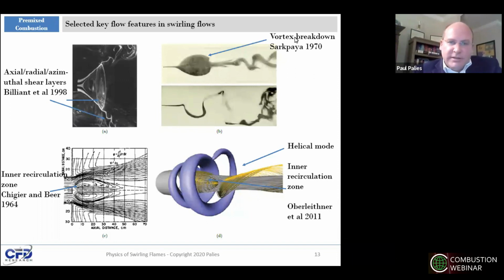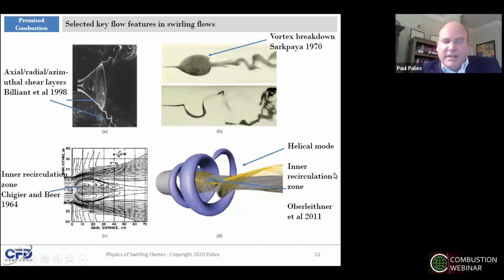And you can also see in the second picture the spiraling vortex breakdown, identified by Sarpkaya. And at the bottom left, this is the inner recirculation zone characterized by Syred and Beér. And one main outcome was to characterize the extent of the recirculation zone and the high level of fluctuation that is reached in such swirling flow in terms of turbulence.